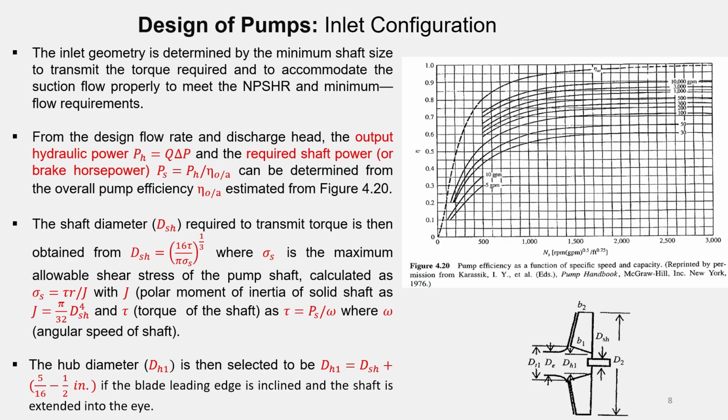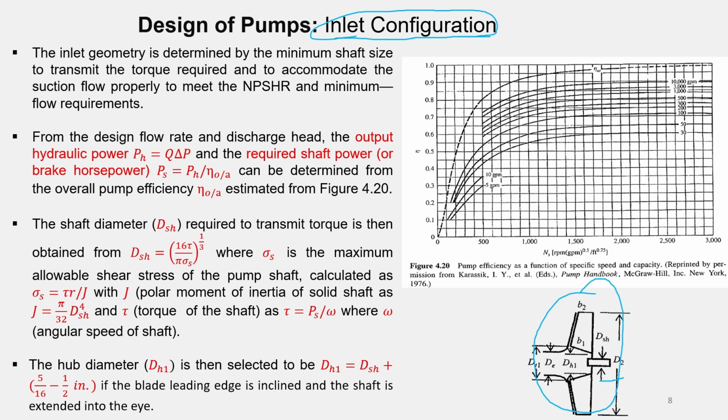But our session today is focused on the pump design procedure and selection. So we have said that specific speed is used to select the impeller type. Once you have selected the impeller type, comes the inlet configuration. If you look here, this is a side view of a radial flow impeller.